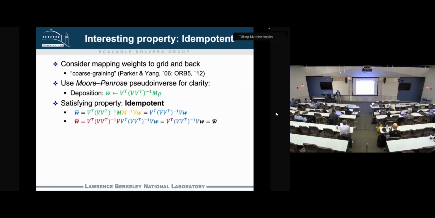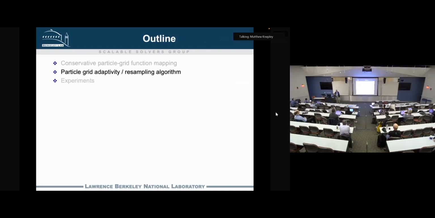And if you apply this again, getting a W double bar, you get cancellation, you simplify, and you get the same: W double bar is equal to W bar. So it's a projection, it's idempotent. It's a satisfying property that there's one unique representation on the grid for any set of particles.